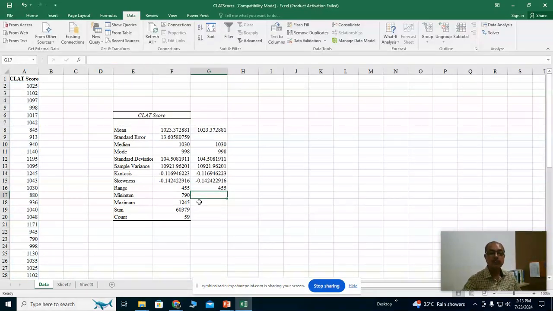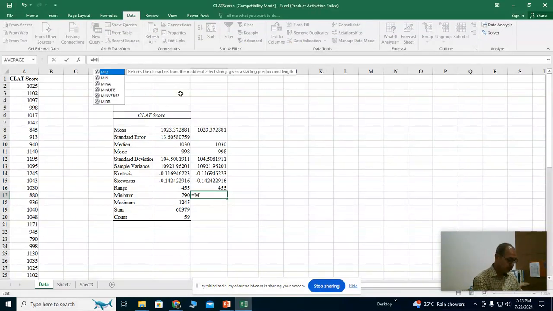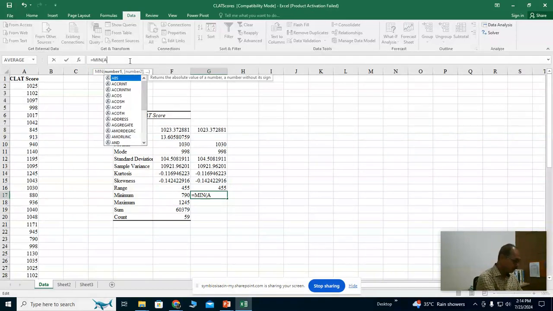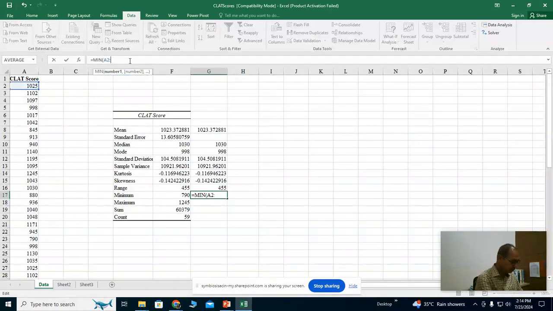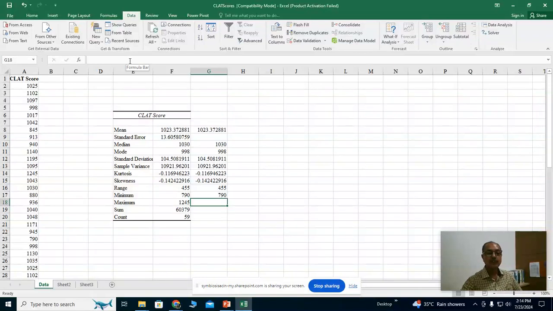I have already shown you how to calculate the minimum and maximum value. If you want to calculate the minimum value, go to equal sign, minimum. You can see the minimum. Then again you need to provide the data, to A60. So again you can calculate like this.